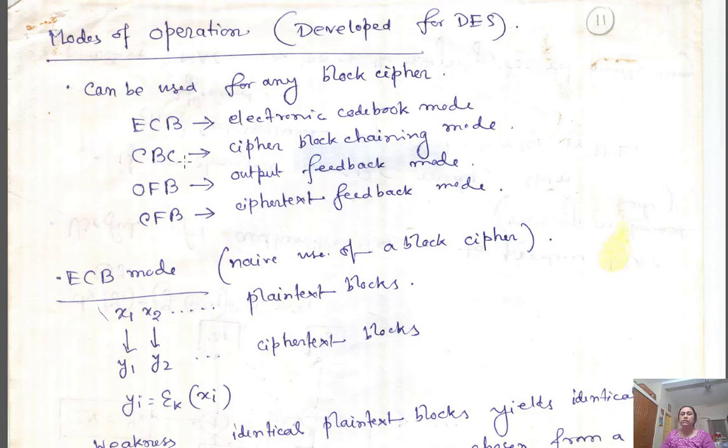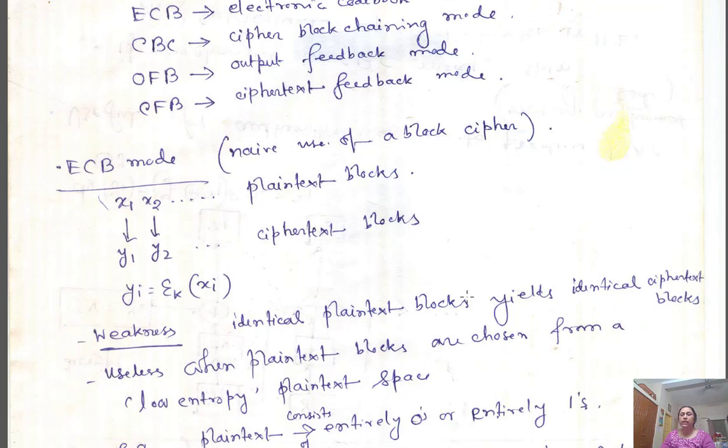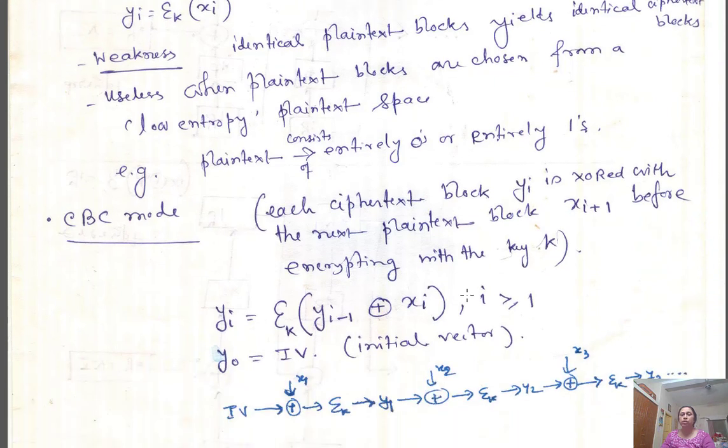The next one is ciphertext block chaining mode, or CBC mode. So here what we do: each ciphertext block yi is XORed with the next plaintext block xi+1 before encrypting with the key k.